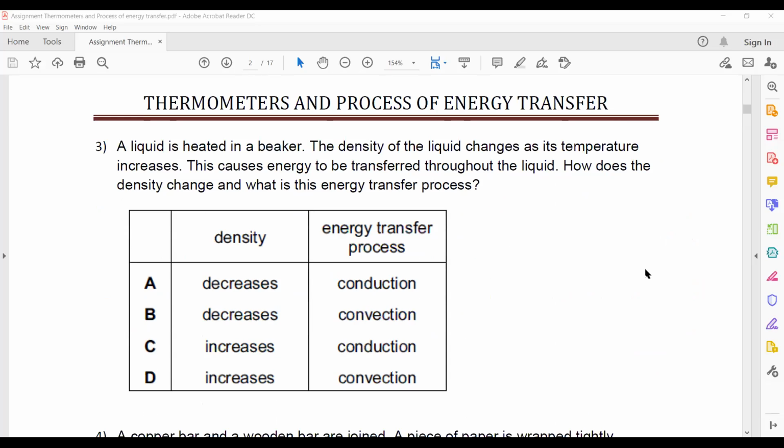Question 3, what could be the answer? A liquid is heated in a beaker.